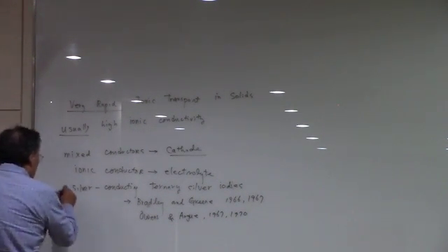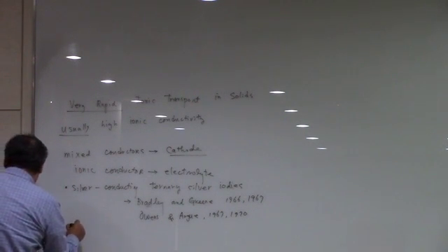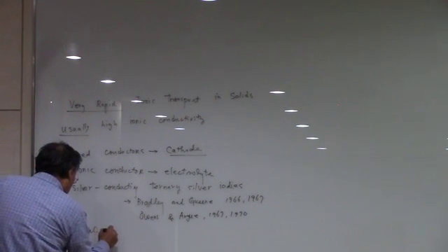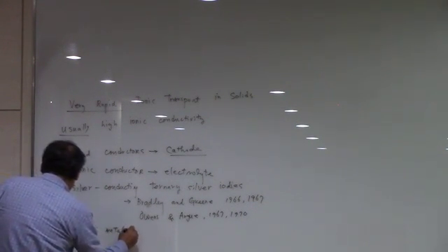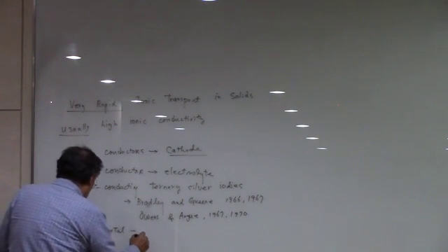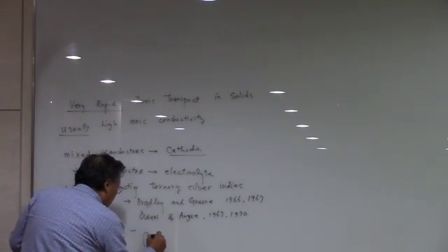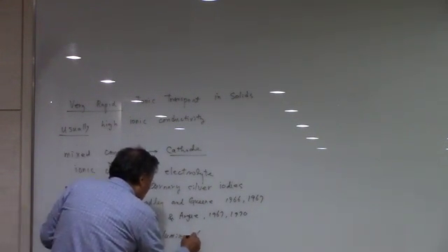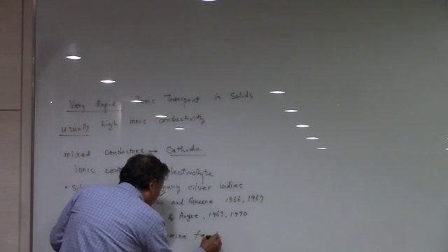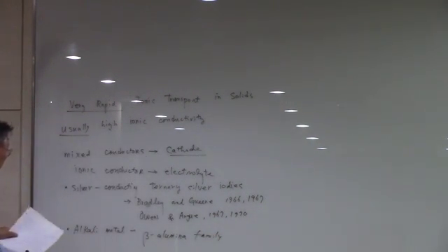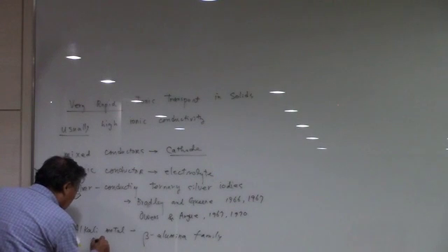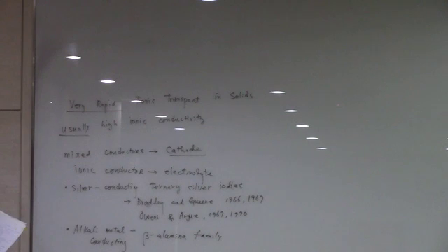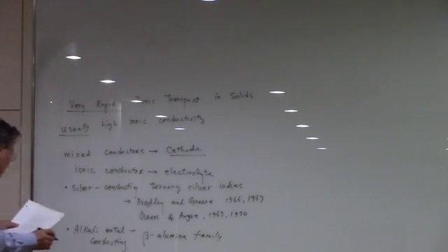And also we have the alkali metal beta alumina family. Alkali metal conducting in a beta alumina family is very fast, okay?